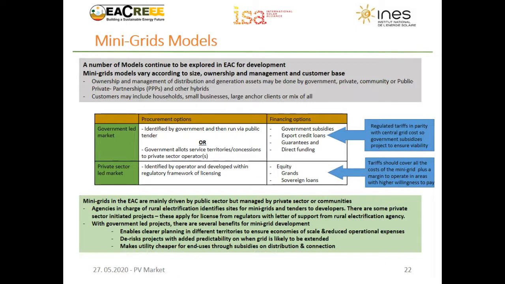So usually the mini-grids in ESC, in many cases, are public-driven, where the government allots areas or identifies and through their agencies puts up tenders for private sector to come and develop.